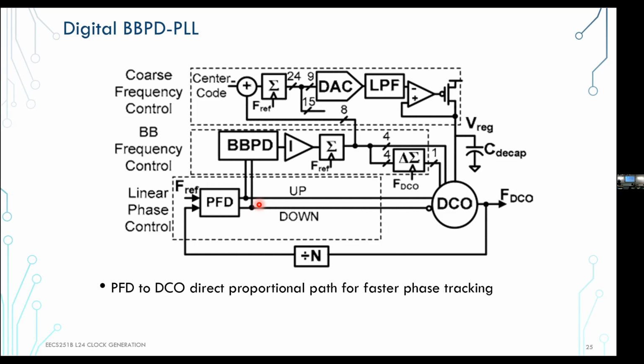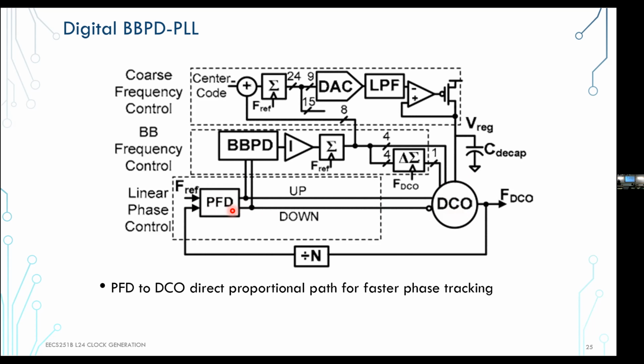And I can handle big pulses, they are a good signal. So why not use them directly to tune the DCO, right? Where the problem comes with the linear phase detector is when the error is small. It's trying to output these little pulses. We all know inverters don't react well to tiny little pulses, right? They don't even propagate well, like a few picosecond pulse. You can't propagate it well.